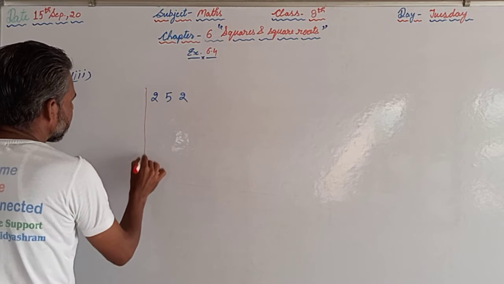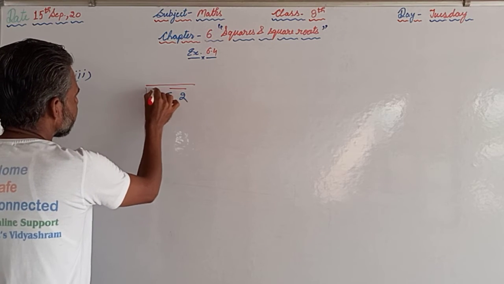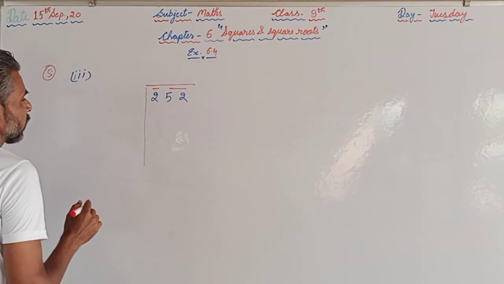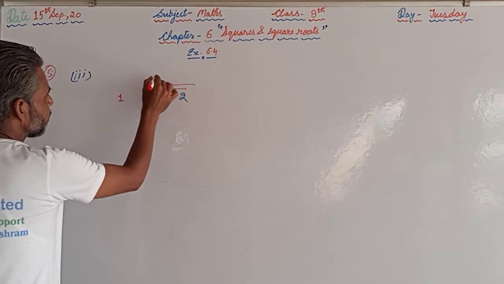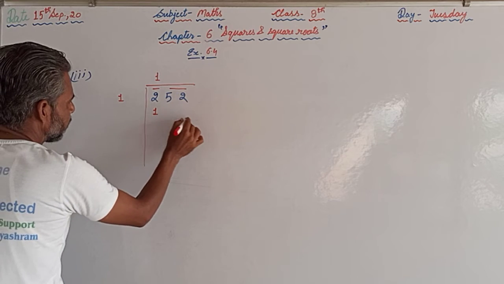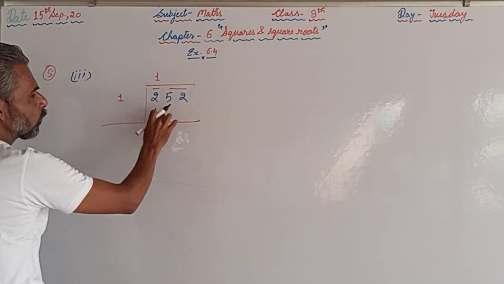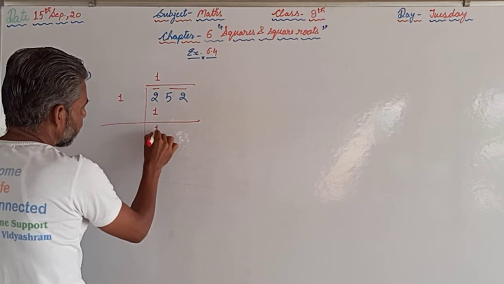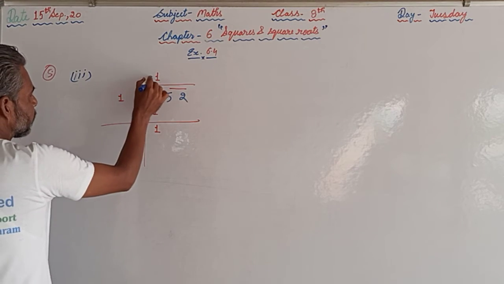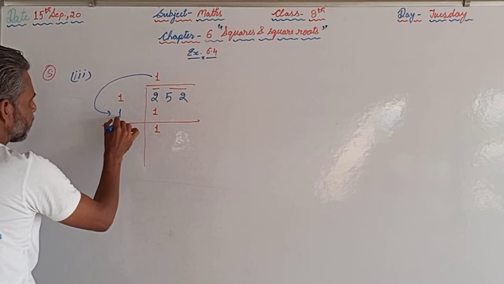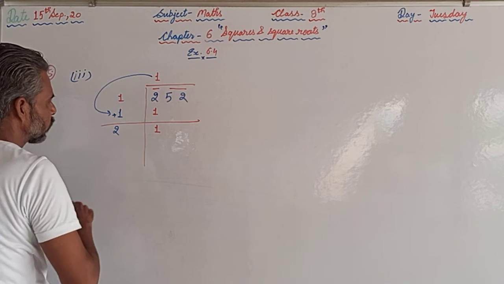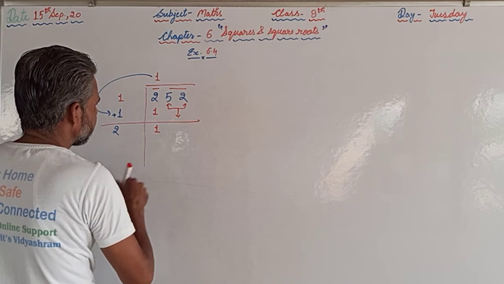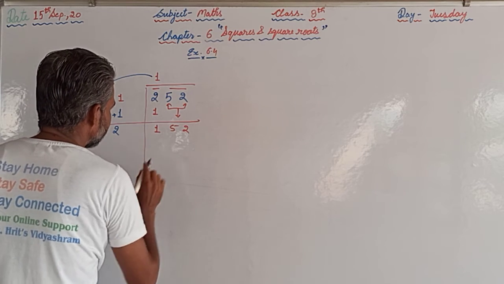So again we have to start pairing from the right hand side, and we have to consider the first pair, that is not a complete pair. This is only the number, that is 1, 1 times 1 is 1. If we write 2, 2 times 2 is 4 will be more than 2. So here we are left with 1, and then we are supposed to move that 1 this side. 1 plus 1, that is 2, and here we are supposed to borrow the next pair, that is 52.